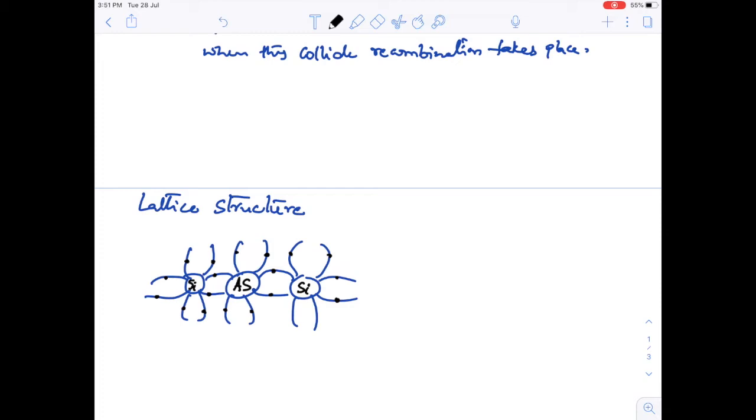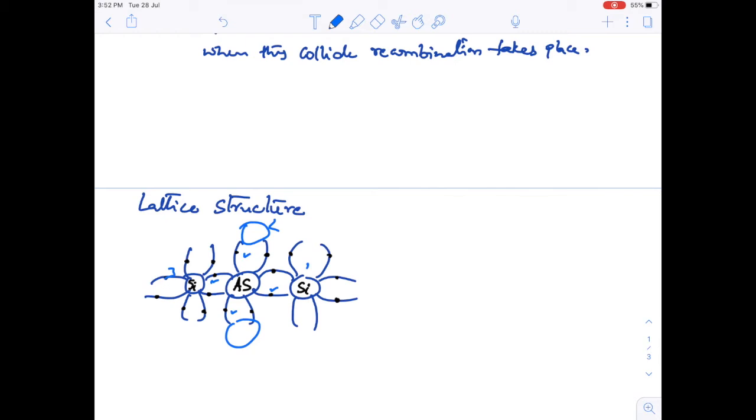So, 4 of them are shared. That means 1, 2, 3, 4. So, 4 of them are shared with the neighboring silicon. So, here you may have one more, here you have one more, and so this is 4.